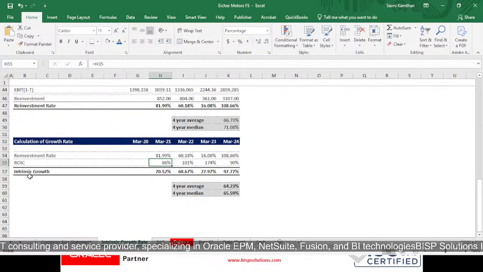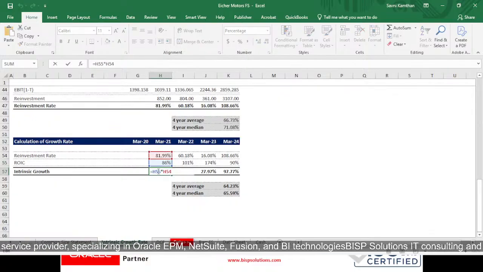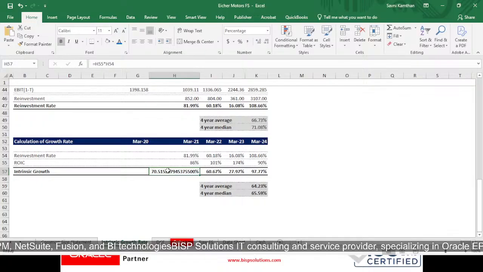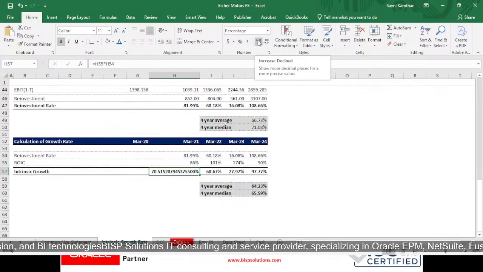Right, now we have to calculate our intrinsic growth. For that, we will multiply our reinvestment rate with our ROIC, which is return on invested capital, and once we enter it, we get this amount, or we can say it as a percentage of growth.